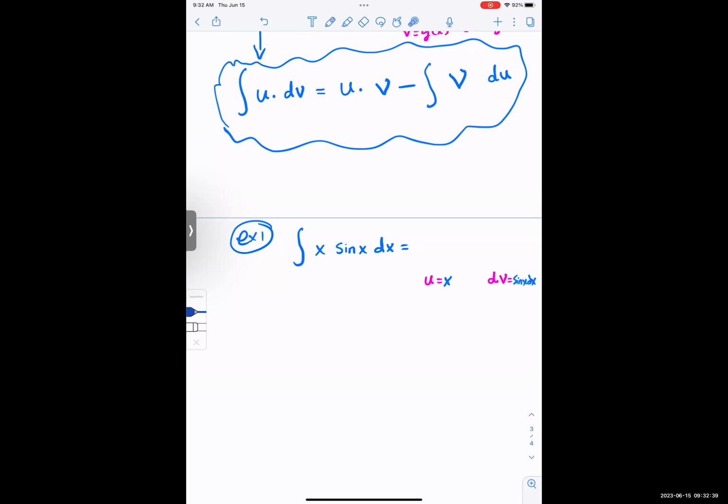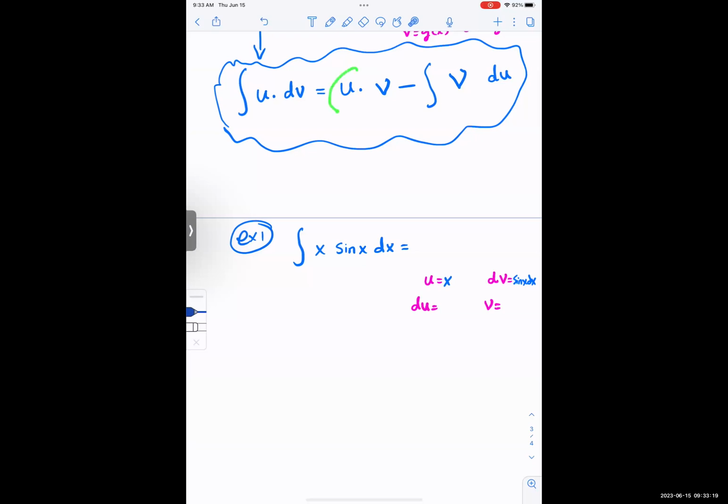So I need to assign everything to be u and dv. As a result here, du is equal to what? Every time you come up with u and then dv, you need to come up with du, because in my formula I will need u, du, and v.